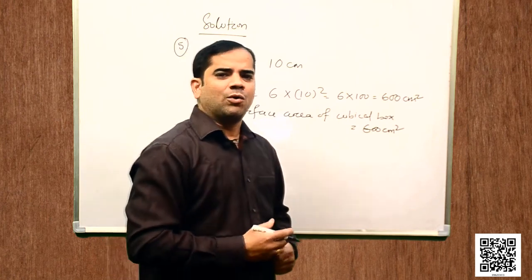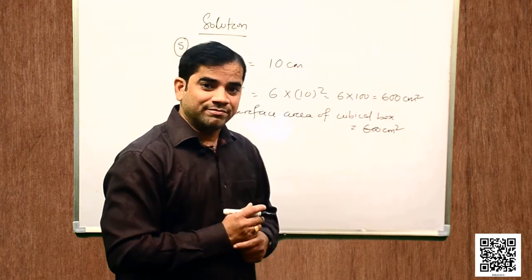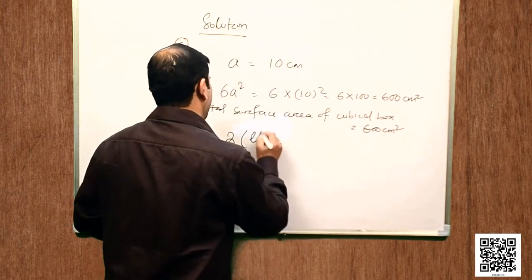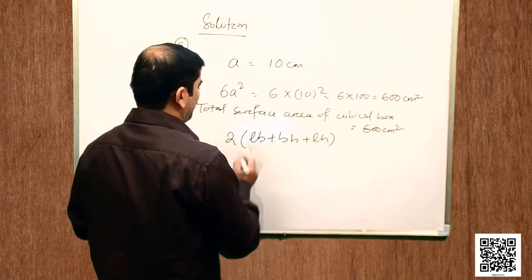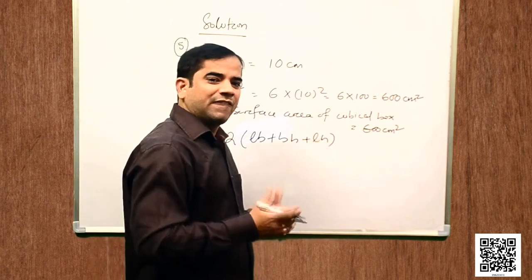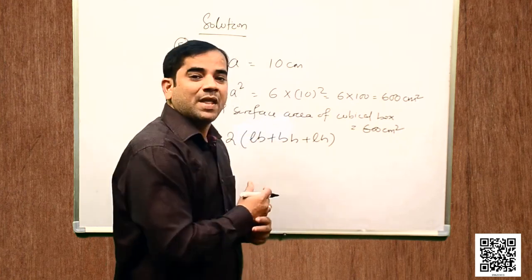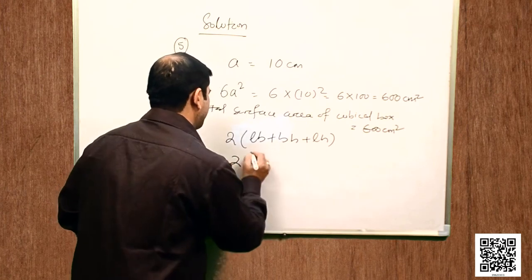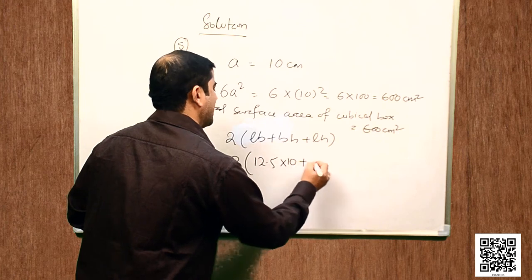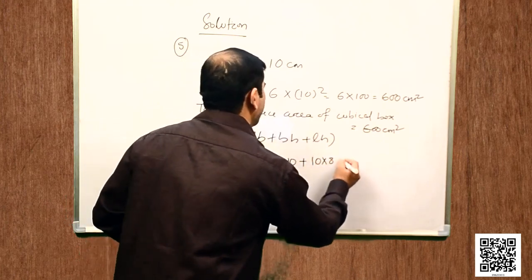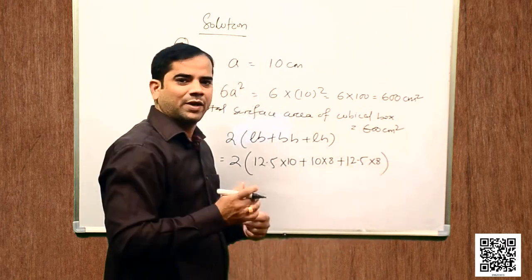Okay. Now what is the formula for total surface area of a cuboid? It is 2 into LB plus BH plus LH. So we have the given values, so we just need to substitute the values in the formula. So it becomes 2 into 12.5 into 10 plus 10 into 8 plus 12.5 into 8. Okay.